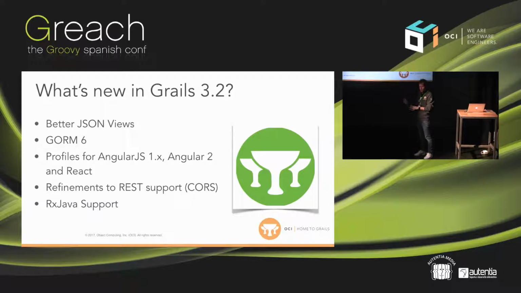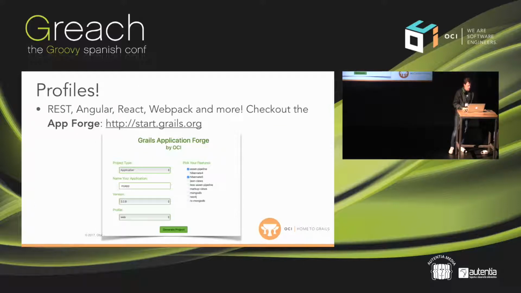Well, we had improvements to the JSON views features, which we introduced in Grails 3.1, the latest version of Gorm 6, and we provided profiles for AngularJS 1, Angular 2 and above, and React, refinement to the REST support, things like CORS support, and RxJava support. So it was a pretty significant release.